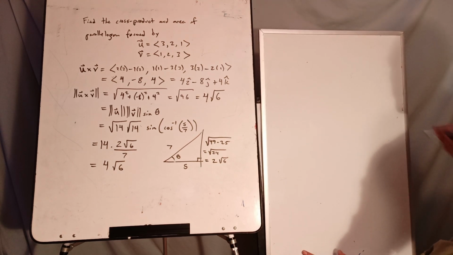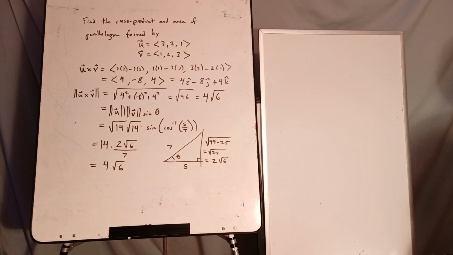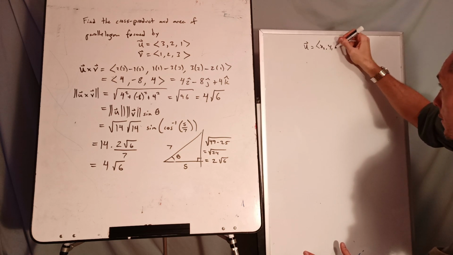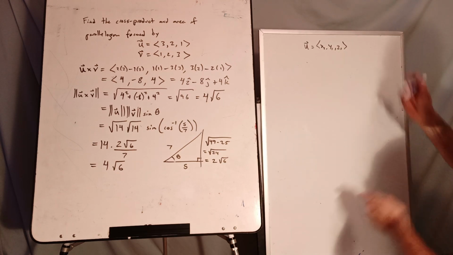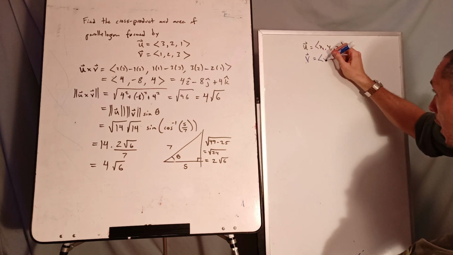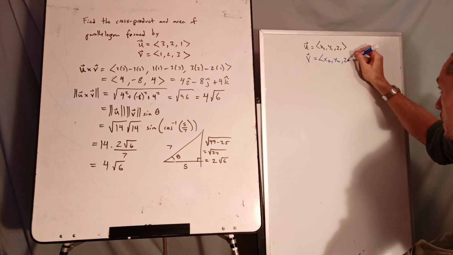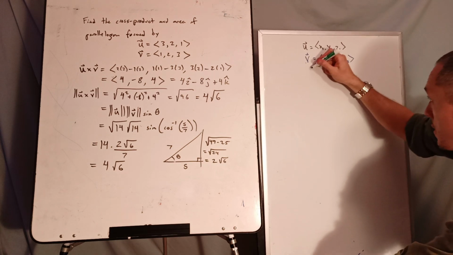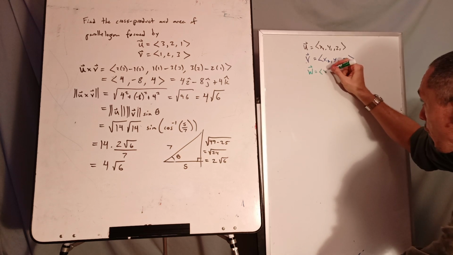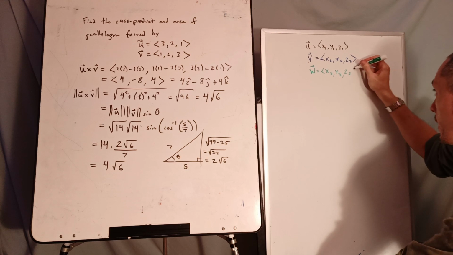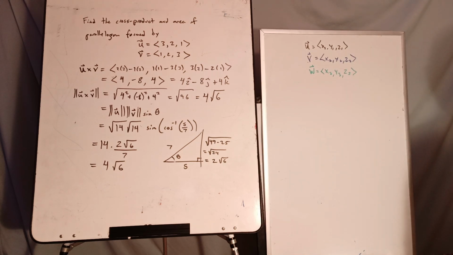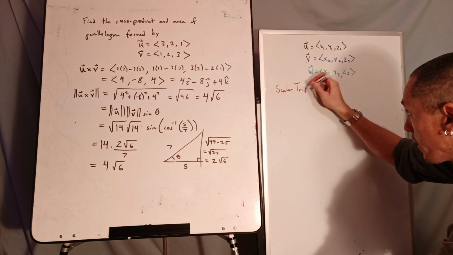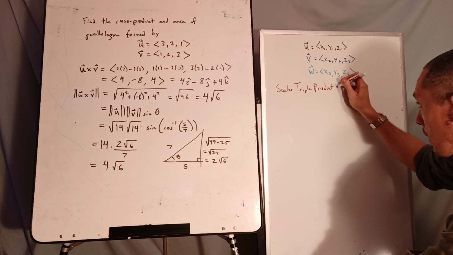So if I have, try to color code, if I have u equal to x1, y1, z1, and I have v equal to x2, y2, z2, and I have w equal to x3, y3, z3, then we define the scalar triple product, sometimes just called the triple product, as follows.